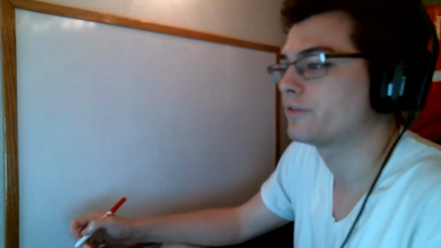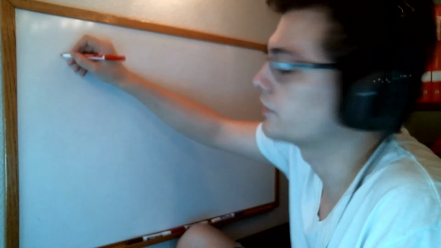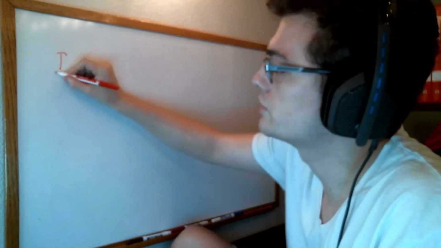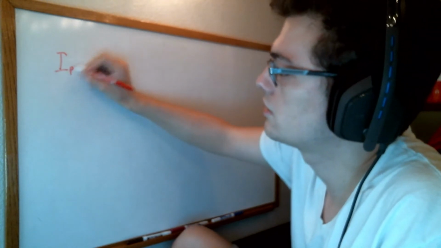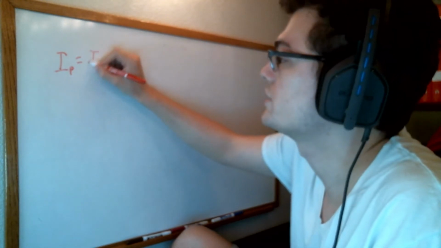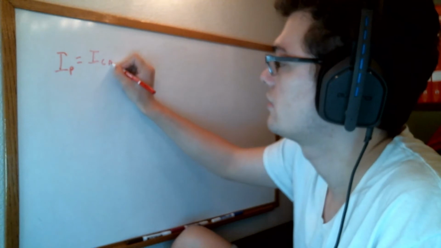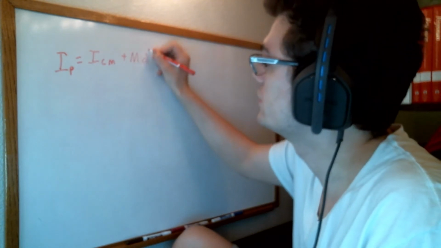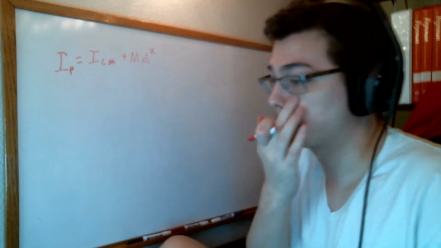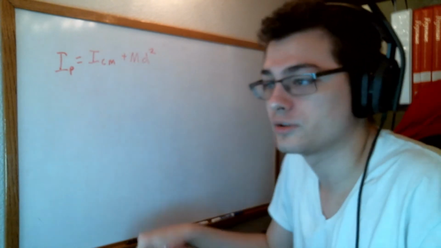We're going to define this theorem first, and I'll give you the formula right up front. So we have IP equal to ICM plus MD squared.